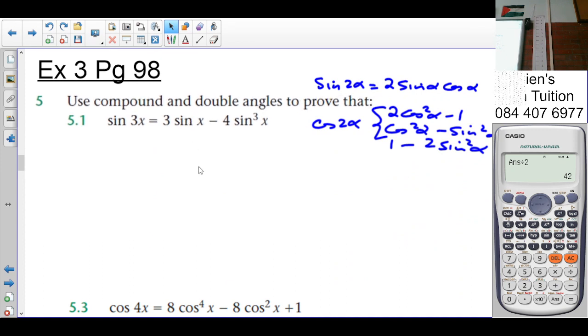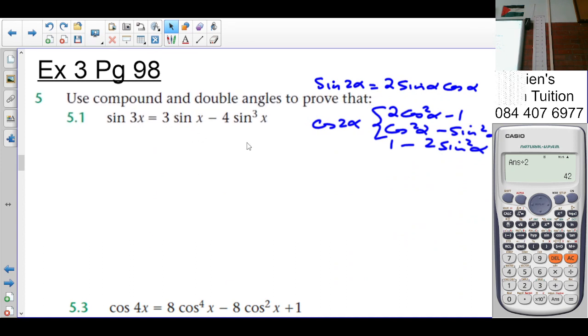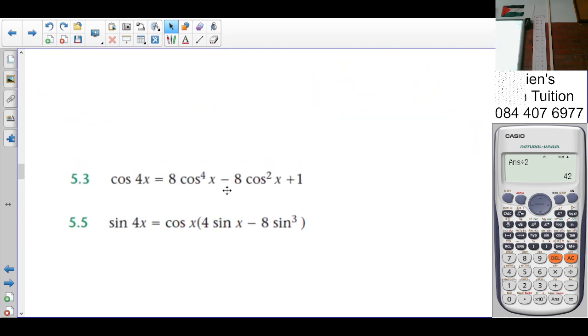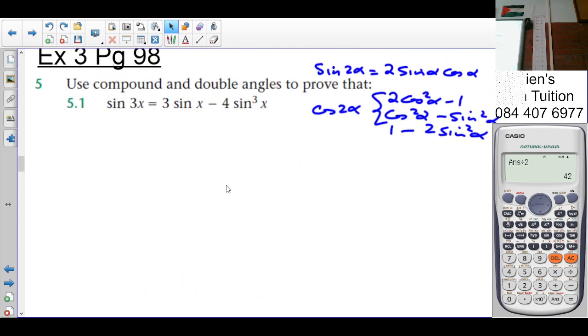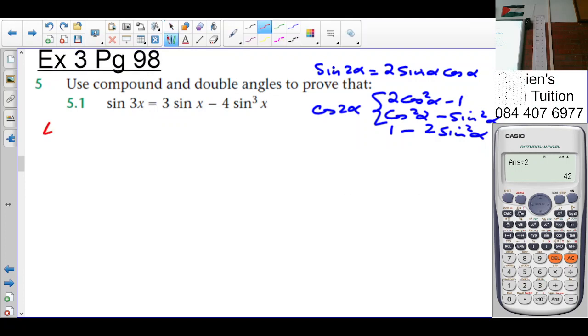For question 5, it says use the compound and double angles to prove that. So of course the left-hand side is more complex. So sine 3x can be written as what? Sine of 2x plus x.